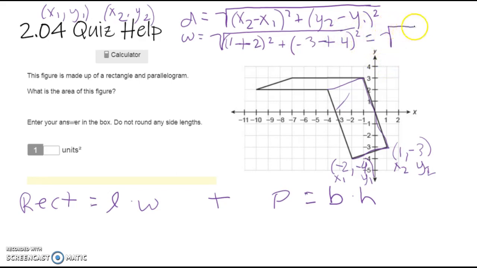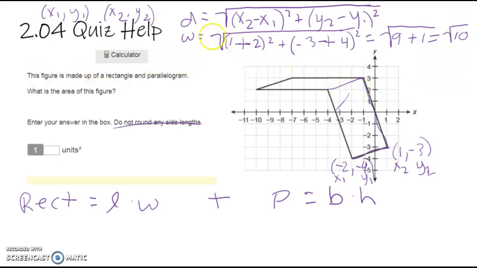That's equal to the square root of 3 squared, so 9, plus -3 plus 4 is 1 squared, so the square root of 10. Notice it says don't round any side lengths, so we're going to wait till the end to do any rounding and leave everything in square root form for now. So width is the square root of 10.